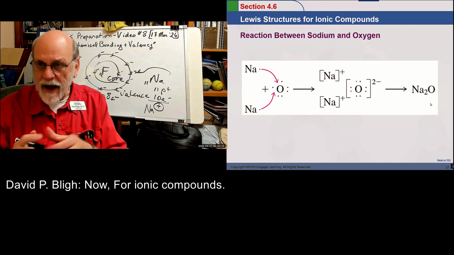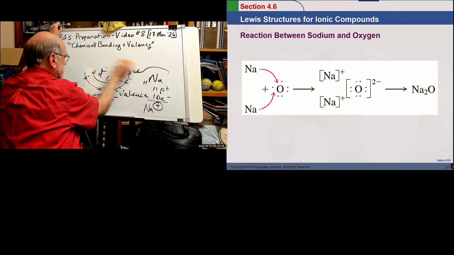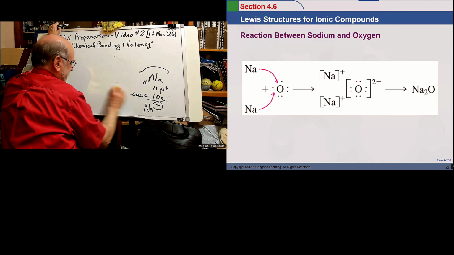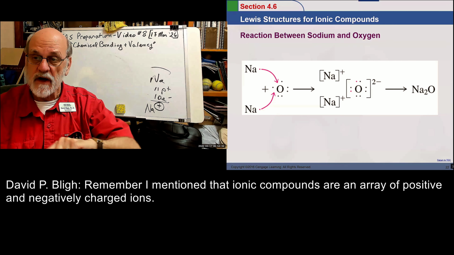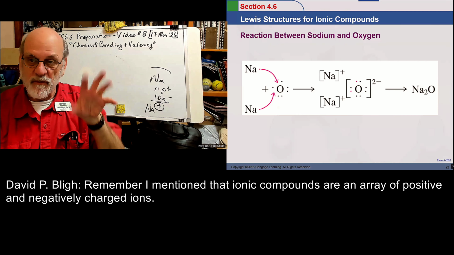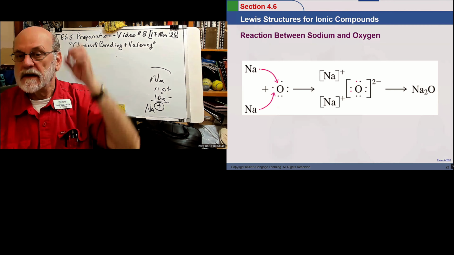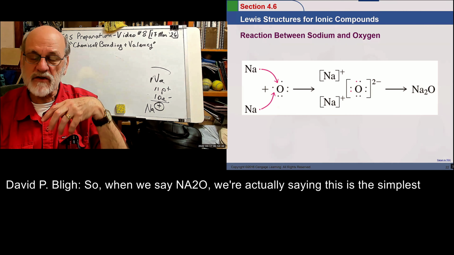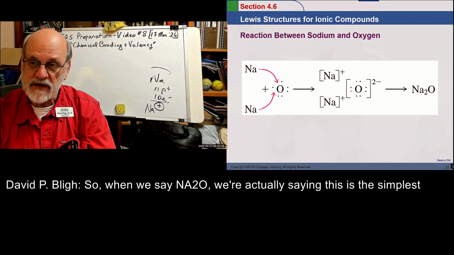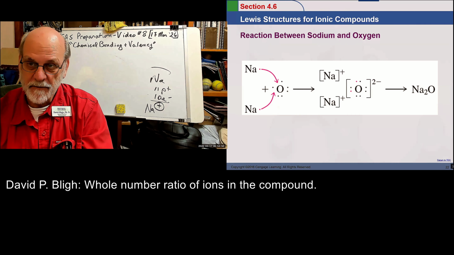Now, for ionic compounds, remember I mentioned that ionic compounds are an array of positive and negatively charged ions. So when we say Na2O, we're actually saying this is the simplest whole number ratio of ions in the compound.